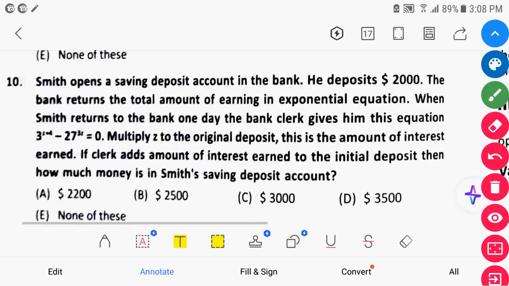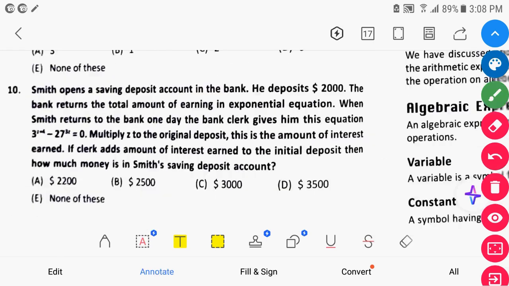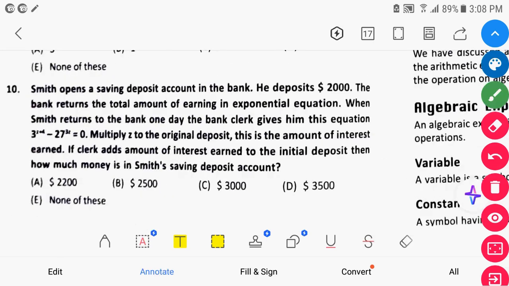Okay, now in the next example, Smith opens a saving account and he deposits $2,000. Okay, and the interest he earns is given in the form of an equation.